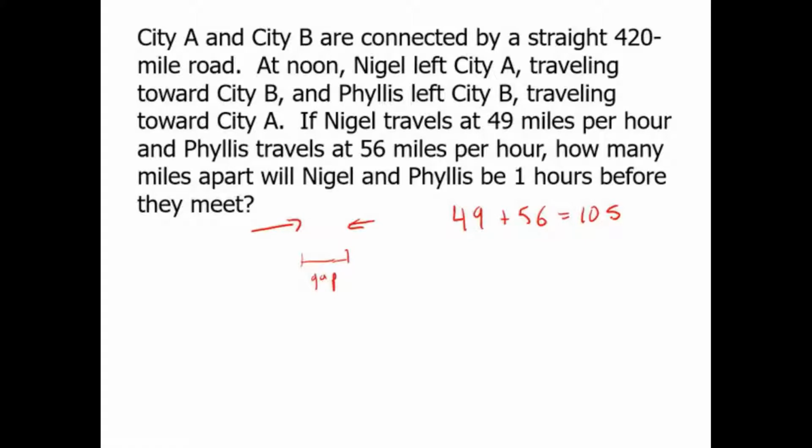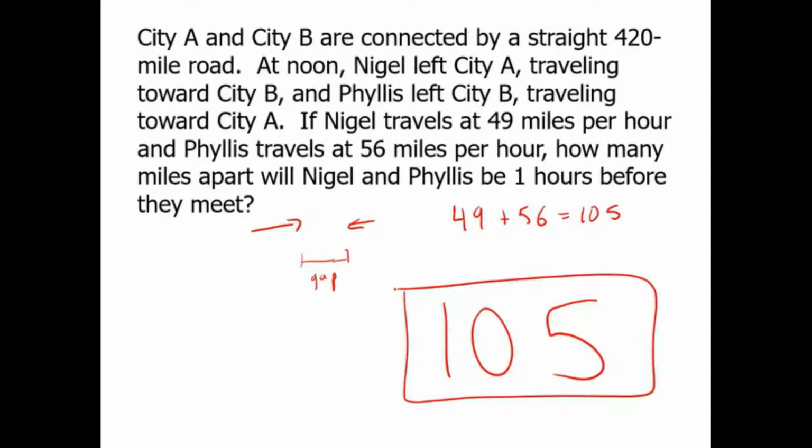And so that means in any 1 hour, it's going to get 105 miles smaller. So when they're 1 hour apart from each other, they'd have to be 105 miles apart so that they would wind up at 0 miles apart in an hour. And so they definitely have to be 105 miles apart. And that is the answer.